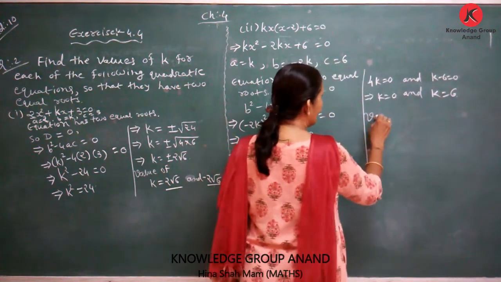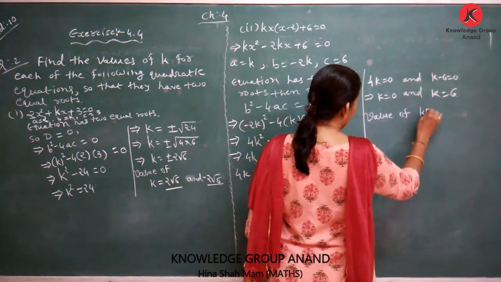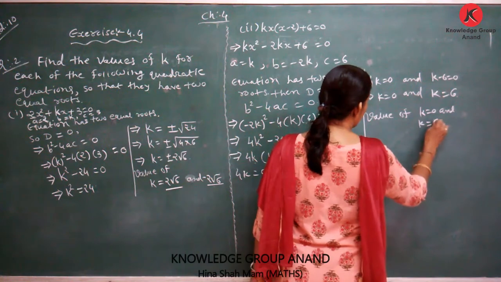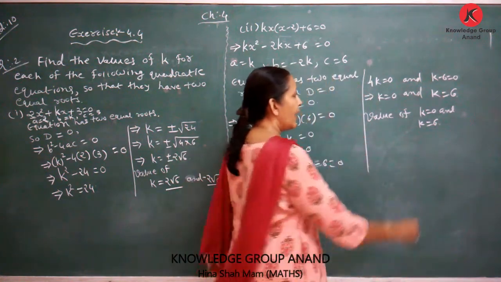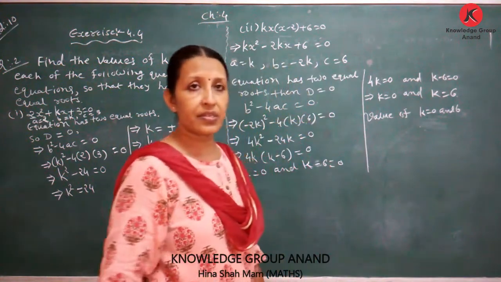Then the values of k are 0 and 6. K is equal to 0 and 6.